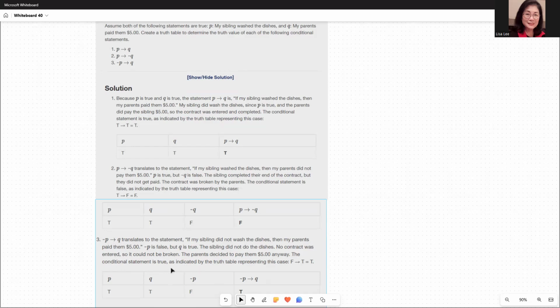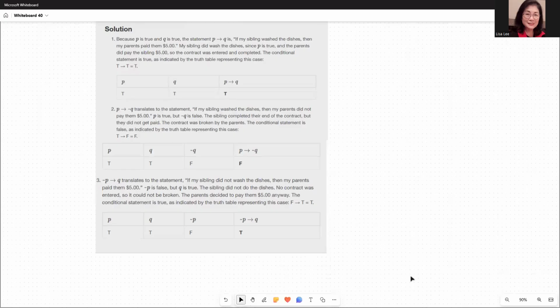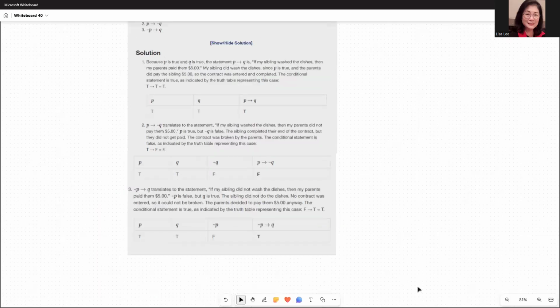The conditional statement is true, as indicated by the truth table presenting this case. See the table below. Under P, true. Under Q, true. So now not P will become false, right? So if not P implies Q is true, the whole conditional statement will be true, okay? So that's how you finish this.